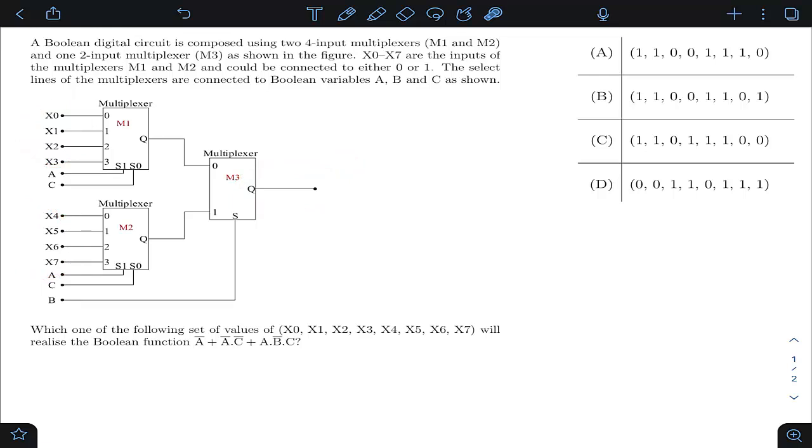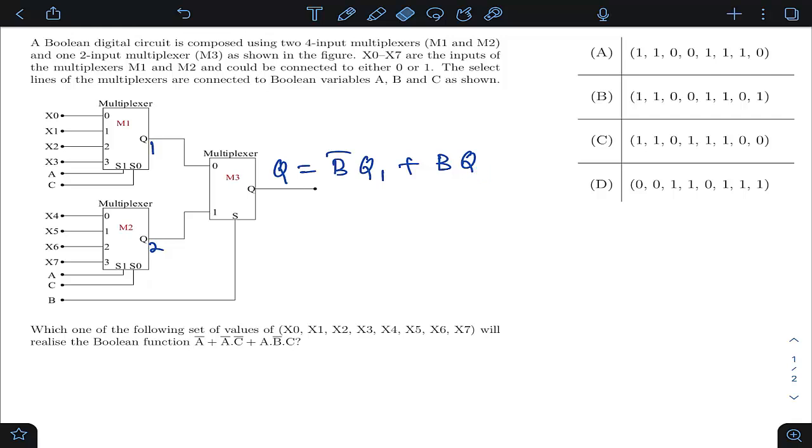So students, here the select lines are A and C for the two multiplexers M1 and M2. The select line to M3 is B. If I ask you to write the expression of Q, let us name this Q1 and this Q2. Then Q is B bar Q1 plus B Q2. When the select takes value 0, it is B bar Q1, and when it takes value 1, it is B and Q2.